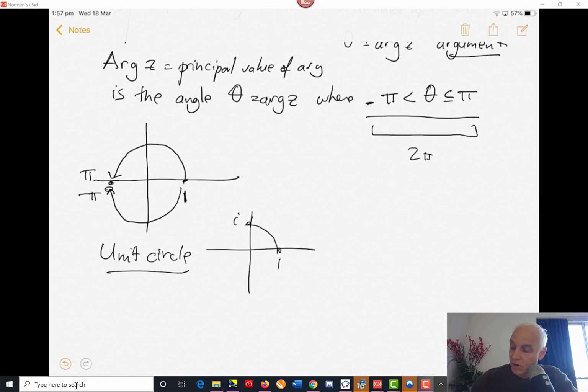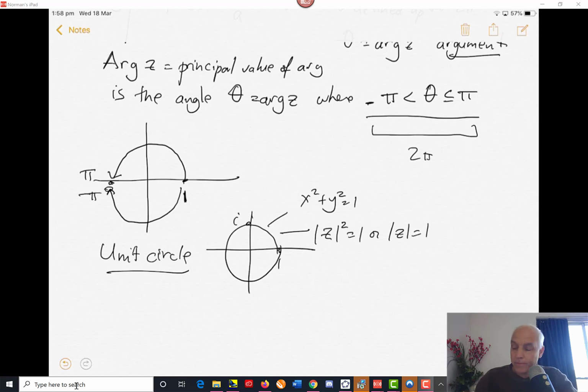It's defined in Cartesian coordinates, of course, by x squared plus y squared equals 1. But in the complex world, it's described by the modulus of z squared equals 1, or just the modulus of z equals 1.